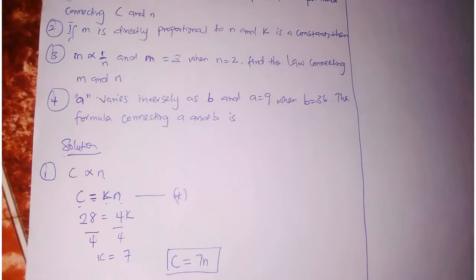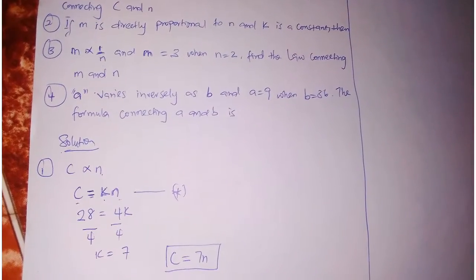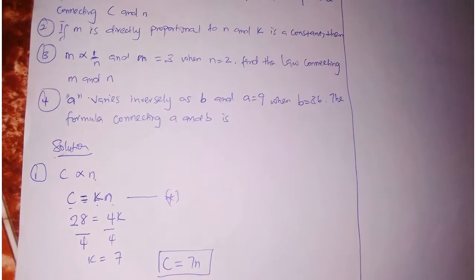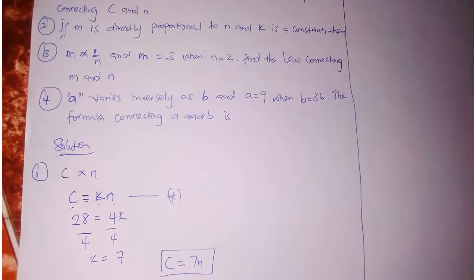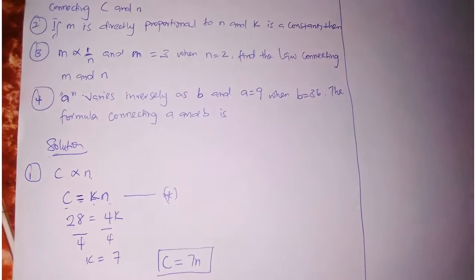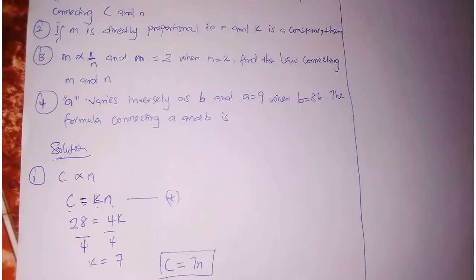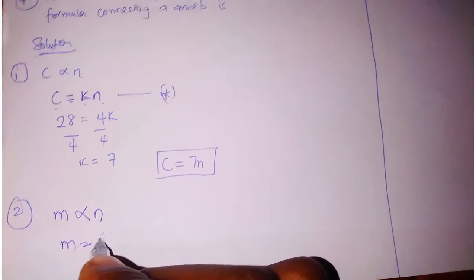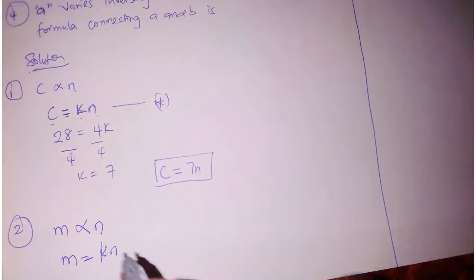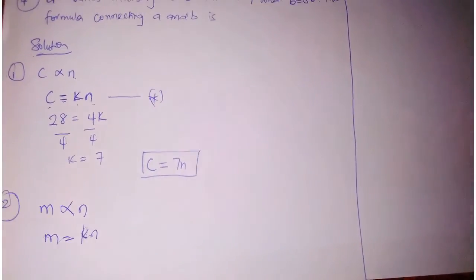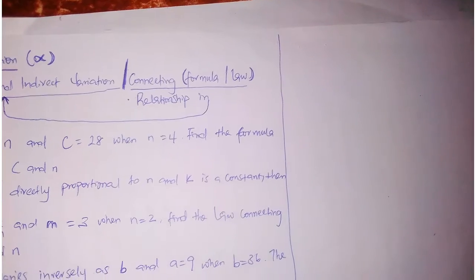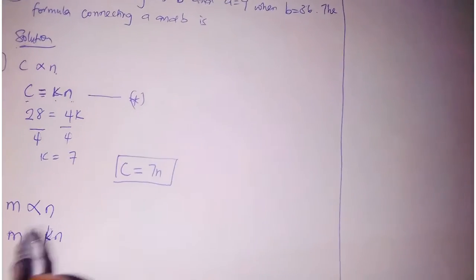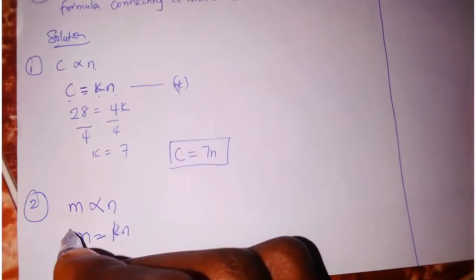Okay, so number 2. Number 2 question says if M is directly proportional to N and K is a constant, then what happens? If M is directly proportional to N and K is a constant, it means when I introduce my equals to sign, I'm going to have KN. When K is a constant, then my M equals KN.